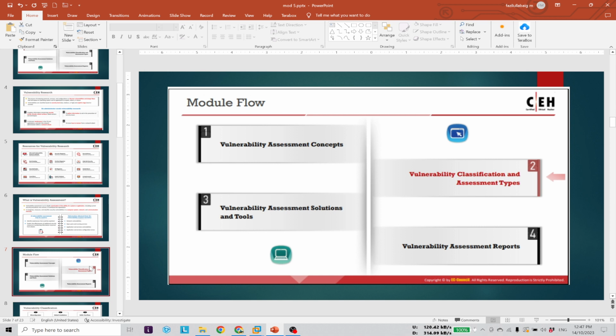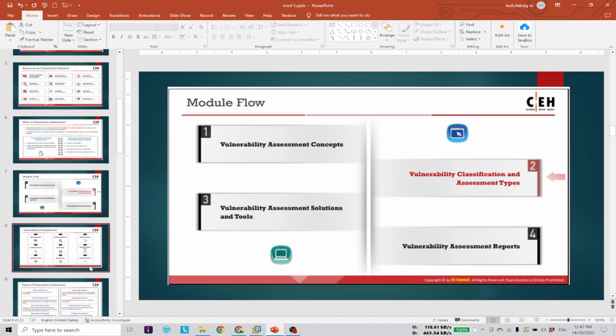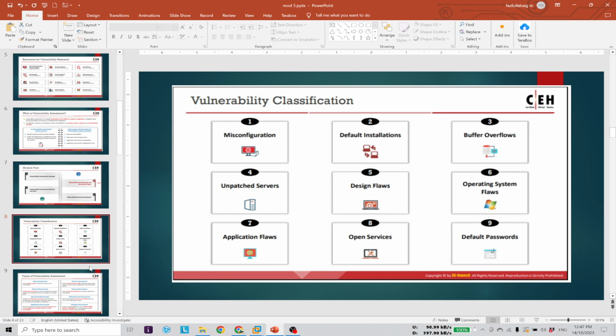So module 4 is where we're going to see vulnerability classification and assessment types. So vulnerability classification, how vulnerabilities are classified. These are very common vulnerabilities, and we can see how to identify them. First is misconfiguration.